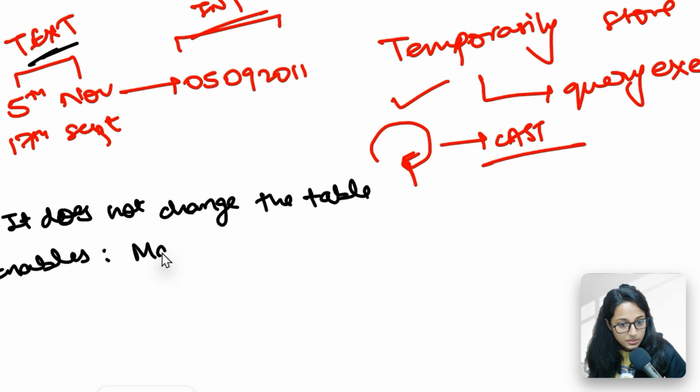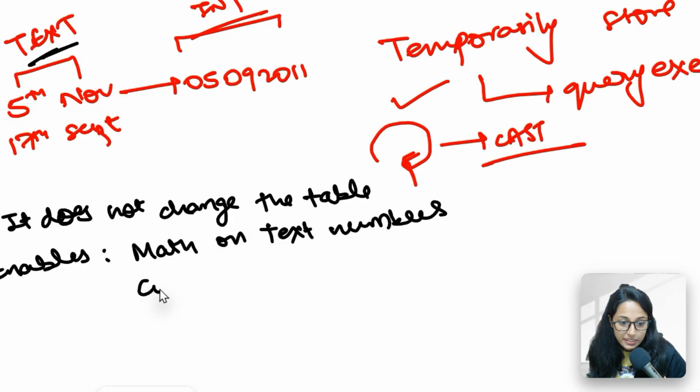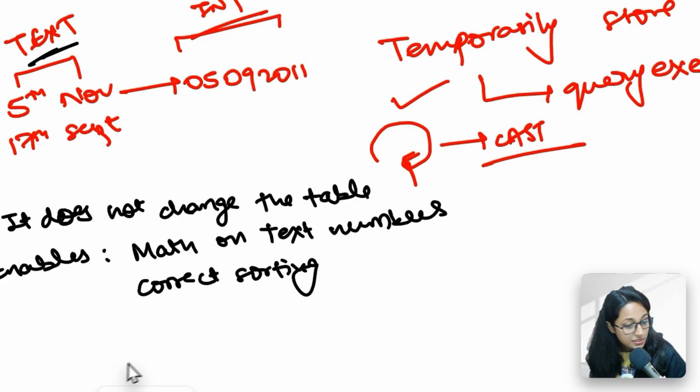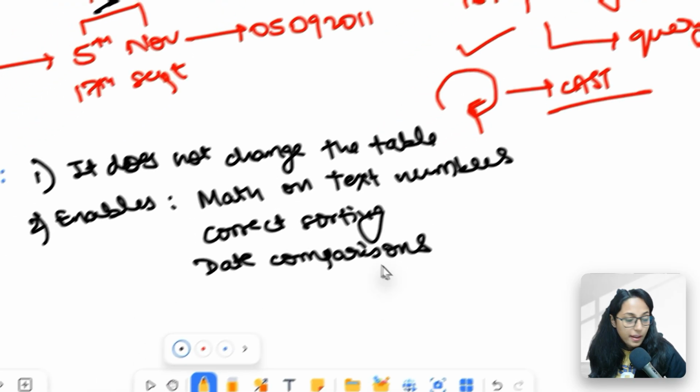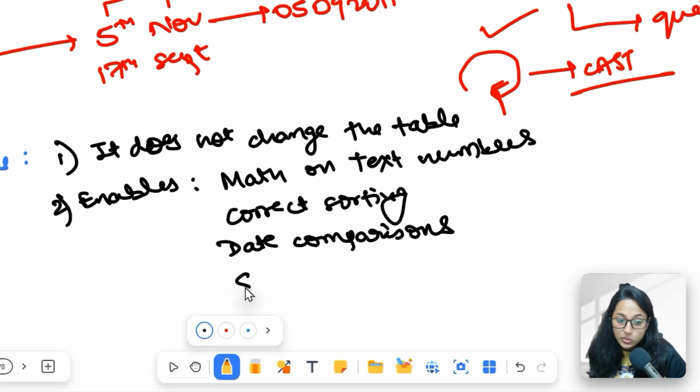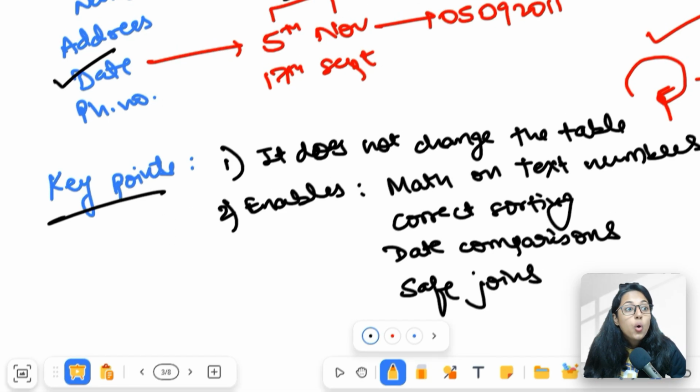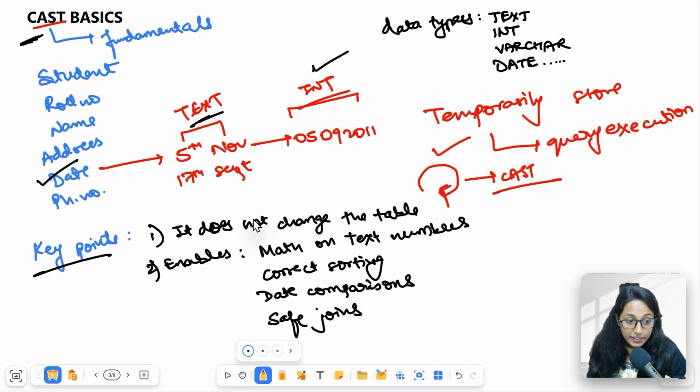It enables maths on, for example, text numbers. It enables correct sorting. It enables date comparisons. And lastly, it also opens the door for self joins. So if you see how versatile and how flexible this cast method is.